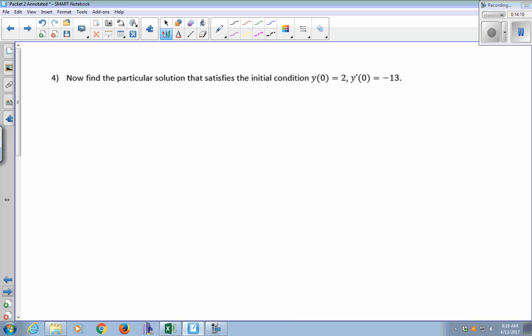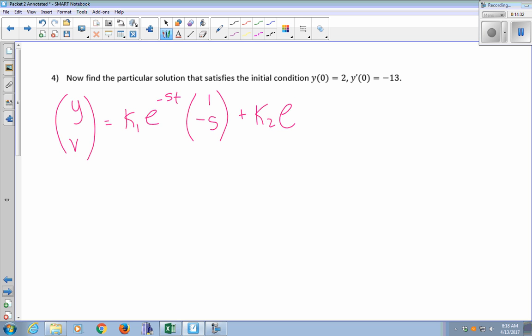Okay, so now I have the general solution, and I would like to find a particular solution that satisfies this initial condition. So I'm just going to write down the general again. It was yv equals k1 e to the negative 5t times 1, negative 5 plus k2 e to the negative 2t times 1, negative 2. And I know that y of 0 is 2 and y prime of 0 is negative 13. This could also say v of 0.